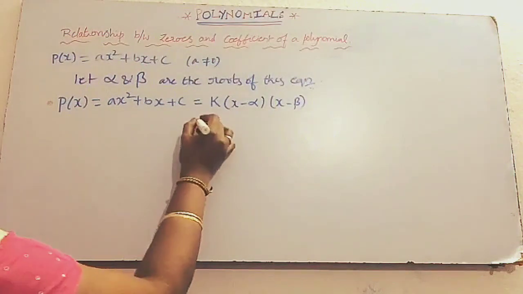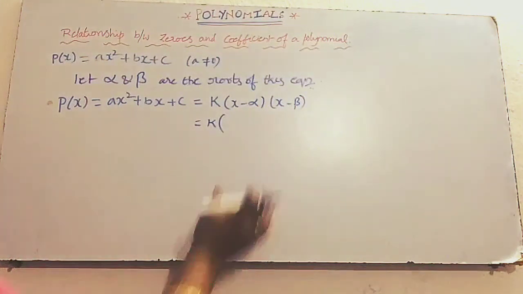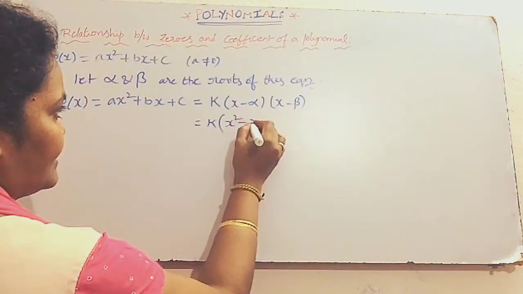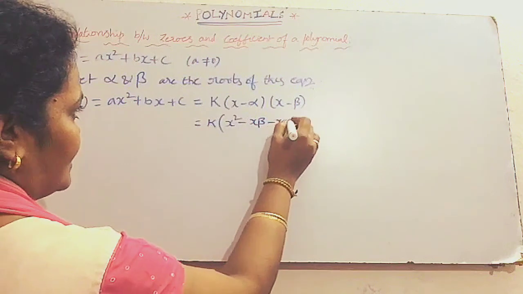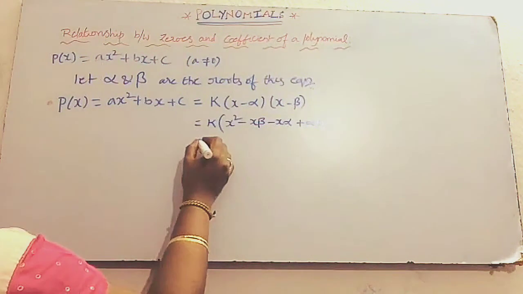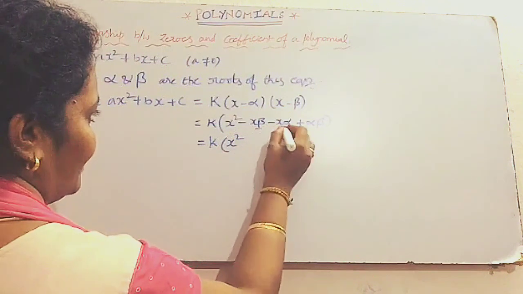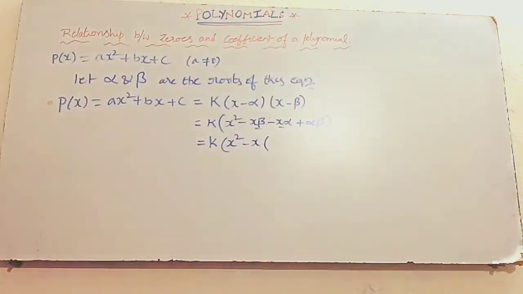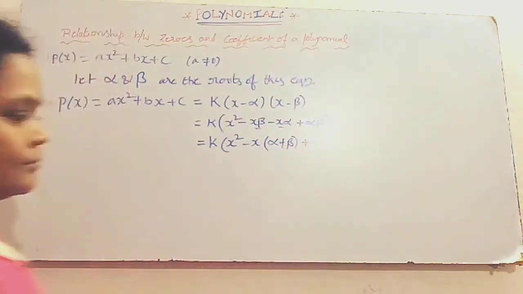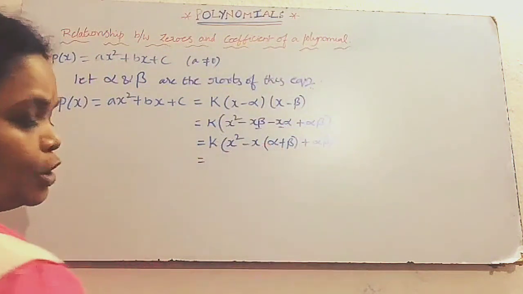Then k into, I will multiply both these factors. So x square minus x beta minus x alpha plus alpha beta. Now I will write it as k into x square, and in the middle two terms I will take minus x as common. Then we get alpha plus beta, plus alpha beta. Multiply each term with k.